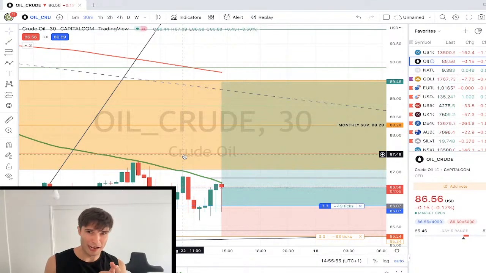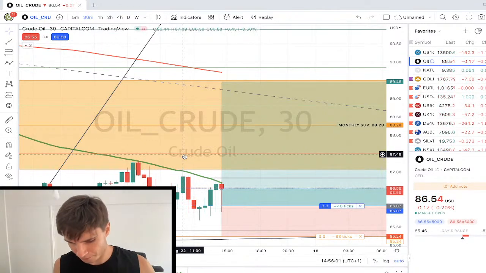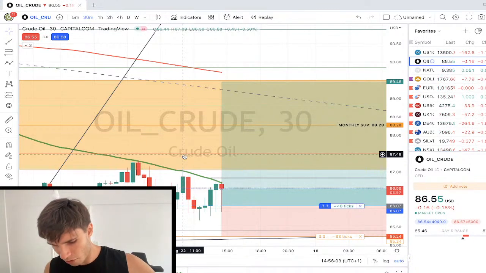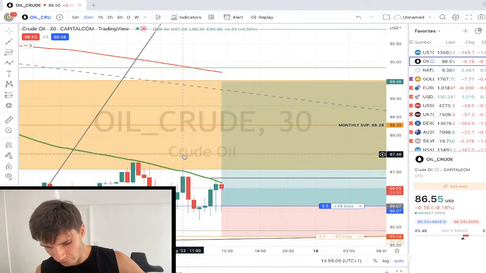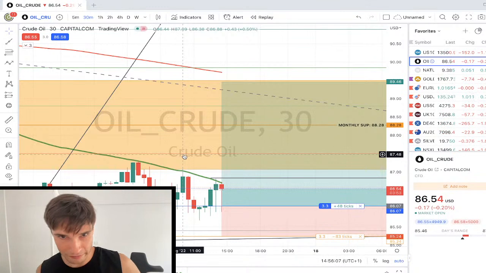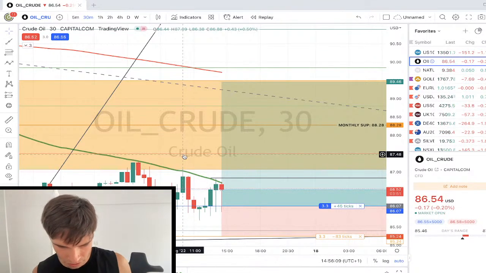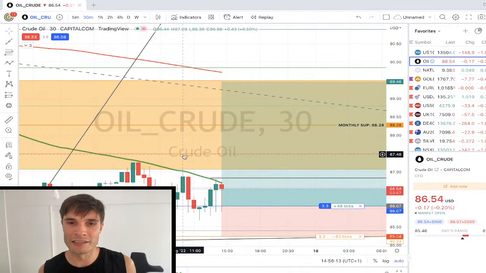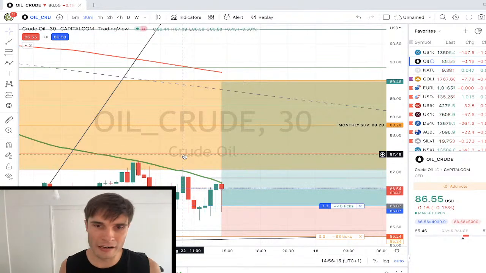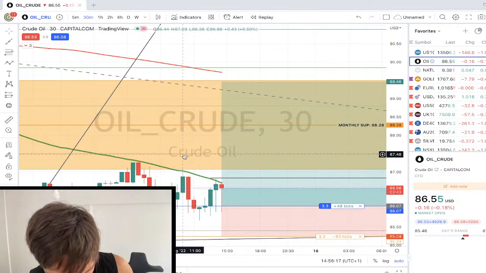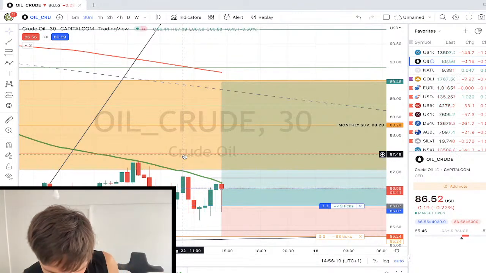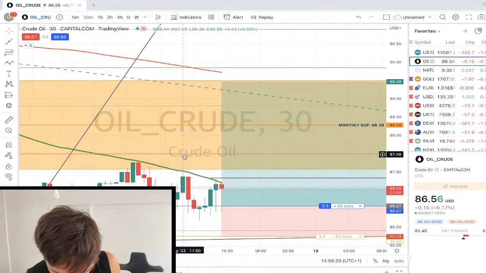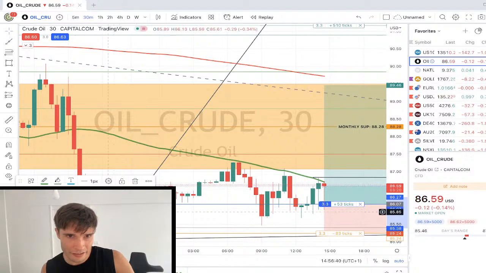I think at this price level with oil, we should see a pump. But I'm also very flexible and I understand that this could just keep going lower. We could see $84. That's something I mentioned in some other live streams. We could see $84 on oil. You see this?